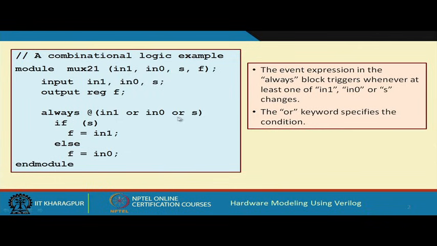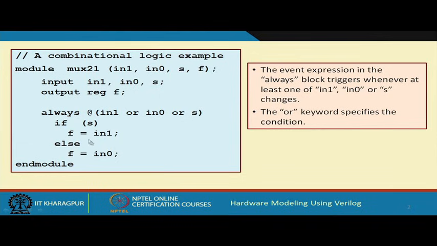Now, whenever you describe something using this OR notation like this, normally we are trying to express a combinational circuit behavior. But of course, there can be exceptions we shall be seeing later, that even if we specify the event expression by naming variables using OR, there are cases where a sequential circuit might be synthesized, but we will try to explain when it happens.